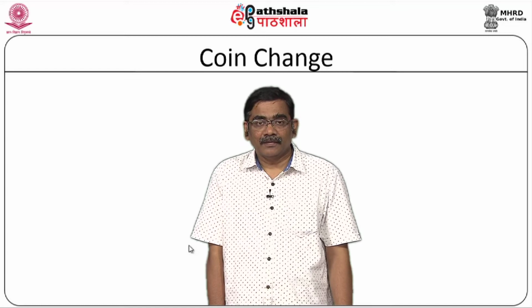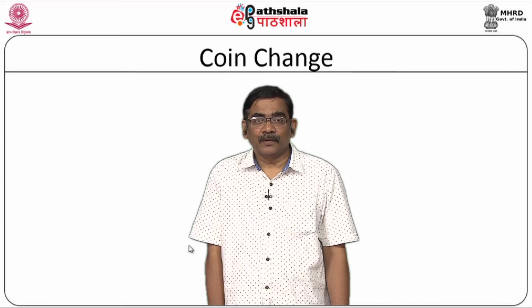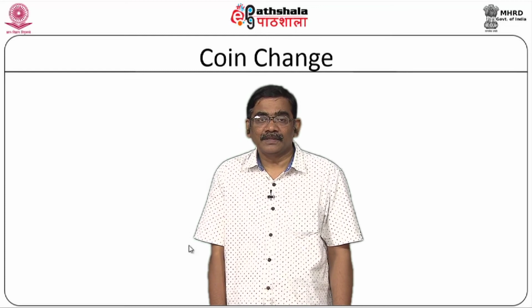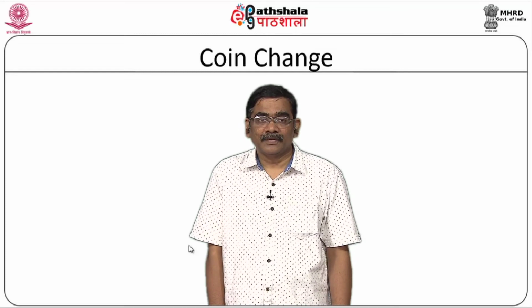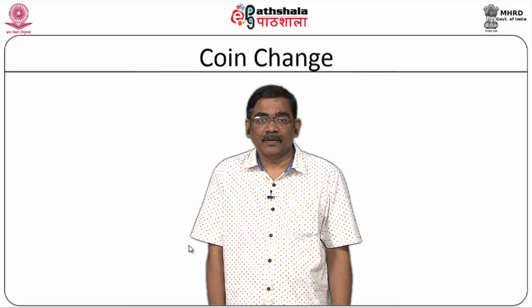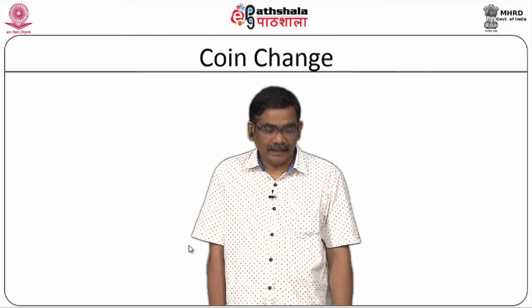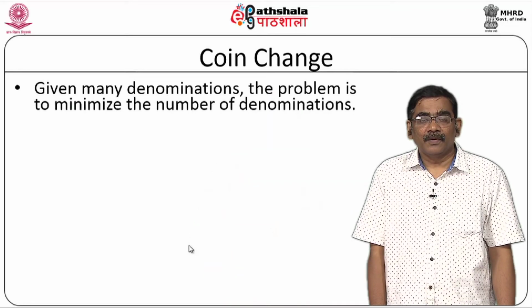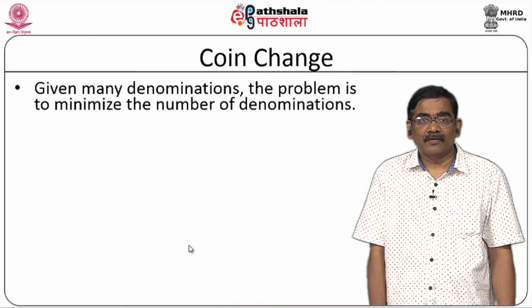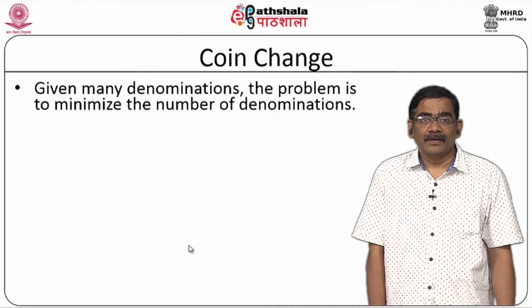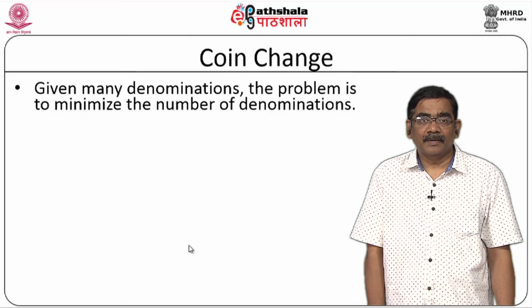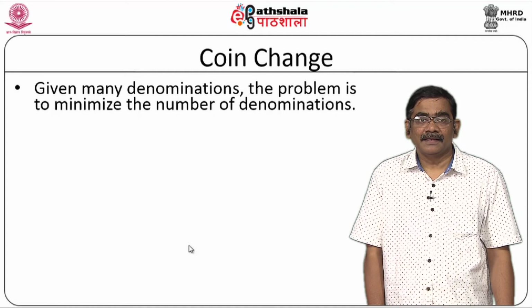I will not give 273 one rupee coins, because in that case I require 273 coins, which is not an optimal solution. So, the coin change problem is something like this. We want to minimize the number of coins. We are given many denominations, and the problem is to minimize the number of coins.